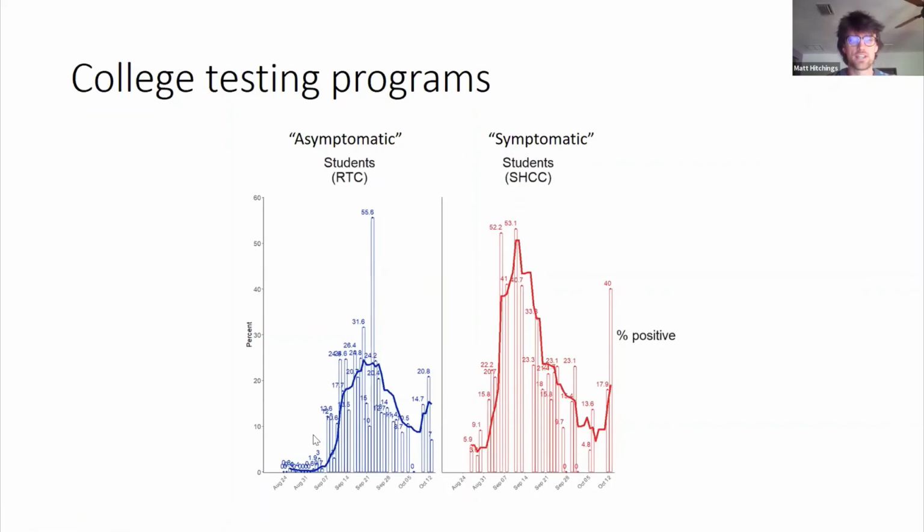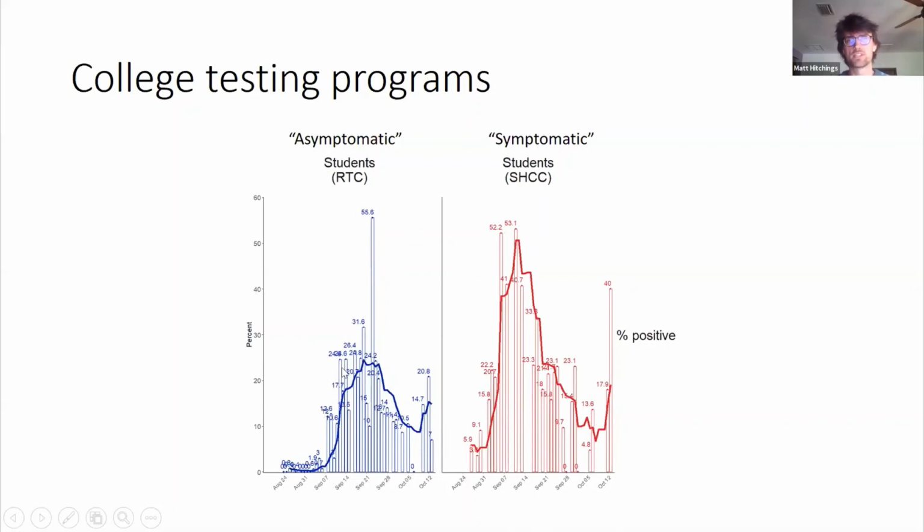The interesting thing here is that these percent positives are very high among these students who are supposedly asymptomatic. We're seeing a rolling average of sort of 25% down to 15%, which clearly means that this was not a random sample of students. To me, this emphasizes that the distinction between asymptomatic and symptomatic is clearly not enough to present this as a random sample.